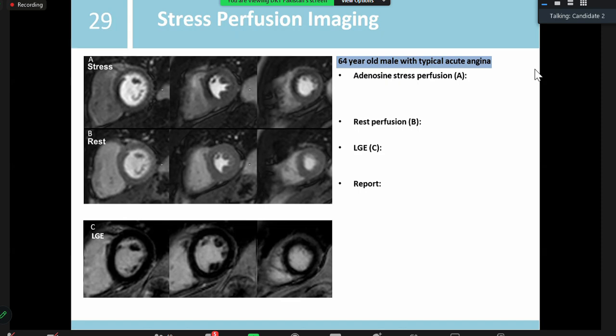And I would correlate that with other investigations like ECG findings, discuss with the cardiology team and confirm this finding with a cardiac radiologist.